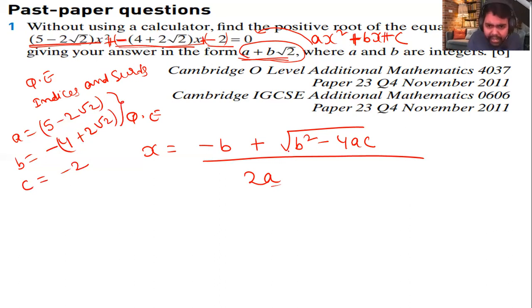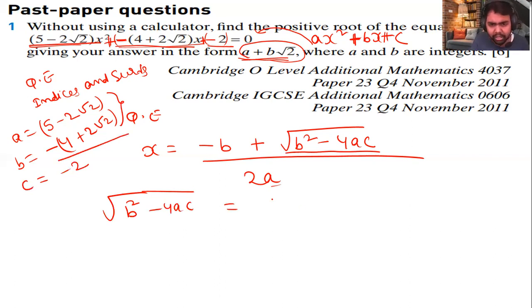Now we are going to find this part first, because it would be very complicated if we solved everything here. So first of all, try to find root b square minus 4ac. I'm going to find b square, that means the square of this whole thing: minus is there outside, and we have 4 plus 2 root 2.